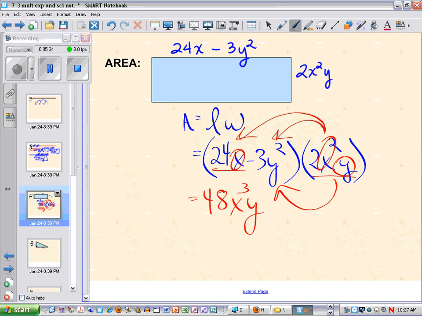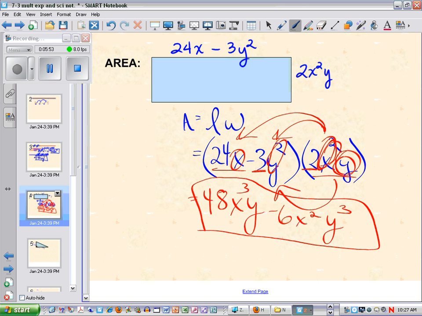Negative 3 times 2, negative 6. Then we have x squared. Then we have y squared times y cubed. So 48x cubed y minus 6x squared y cubed.